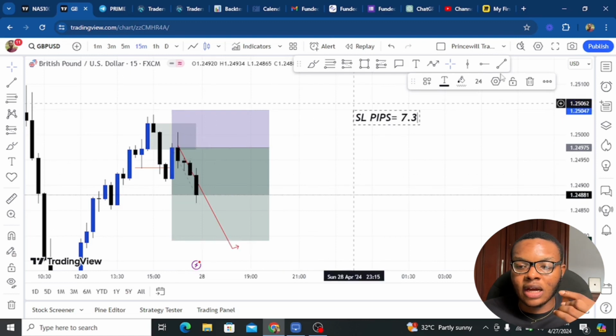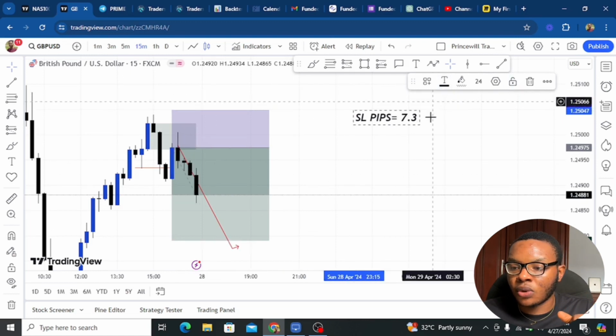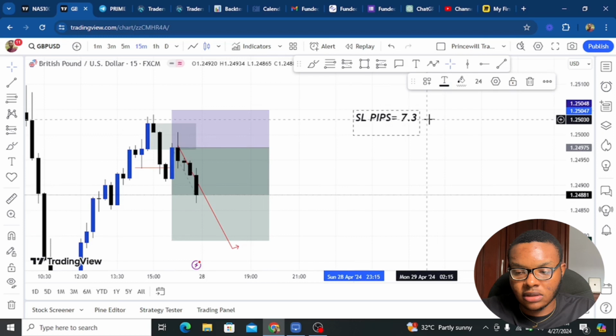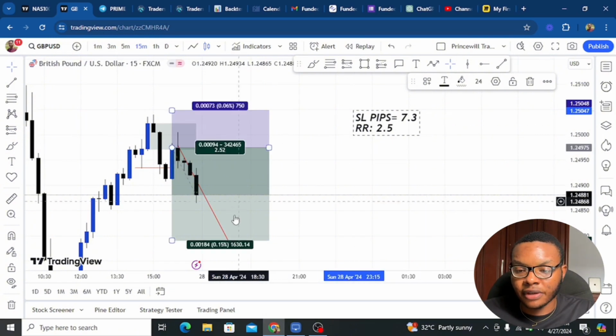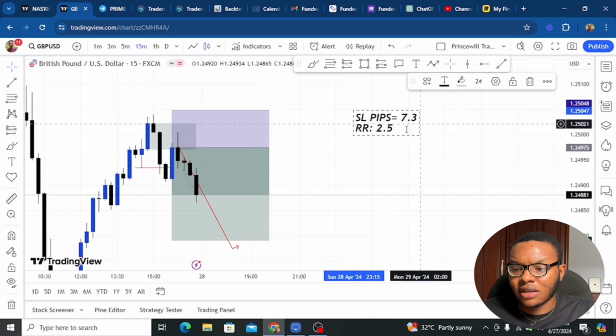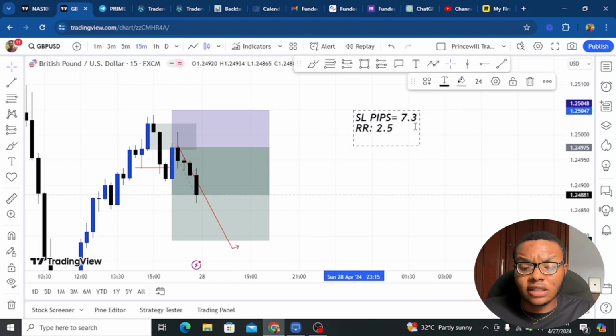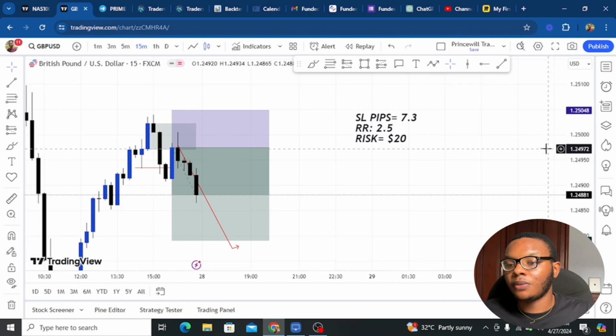All right. And we have our risk to reward, RR. That's the abbreviation. RR is 2.5. 2.5 R. That's all you need from this. And then what you need to add again is your personal risk, which is $20.